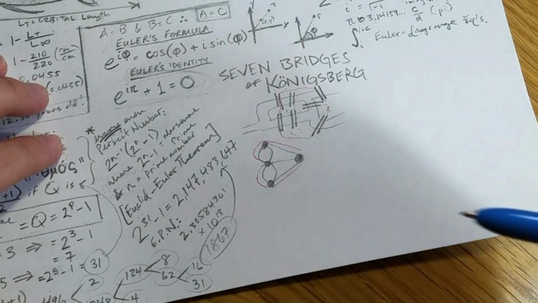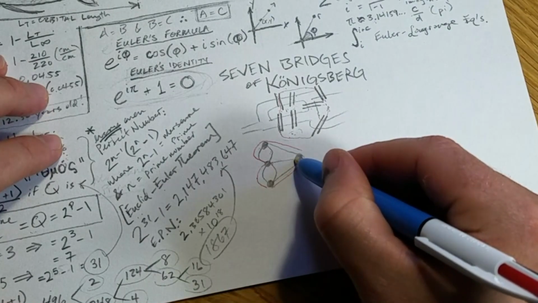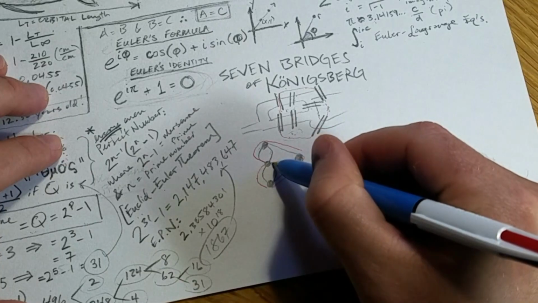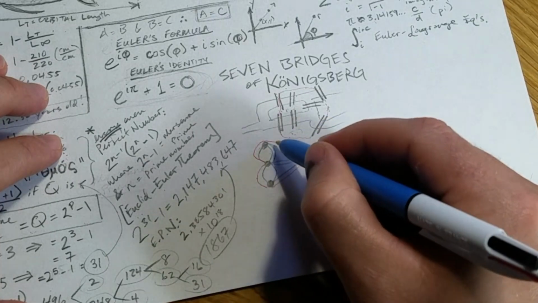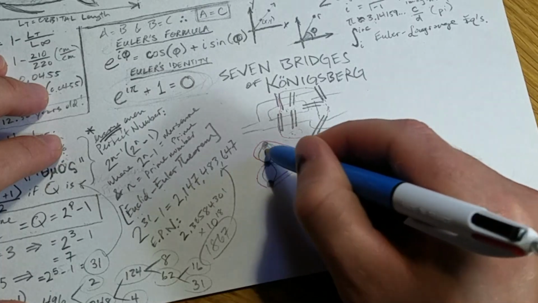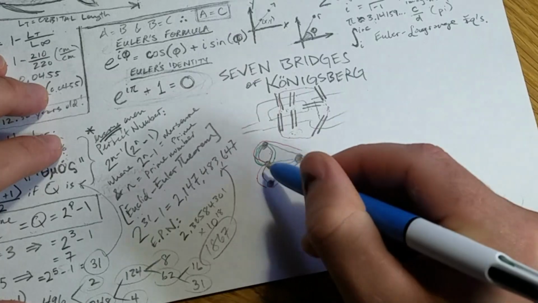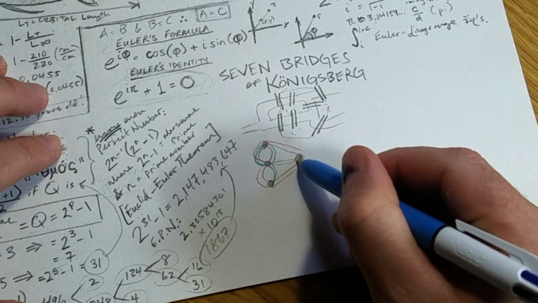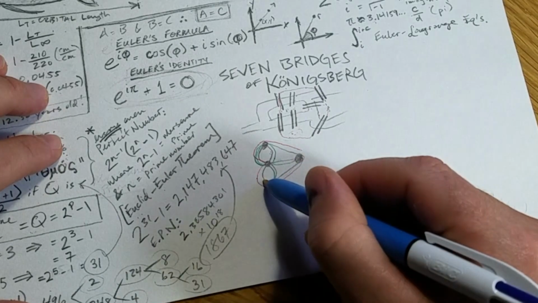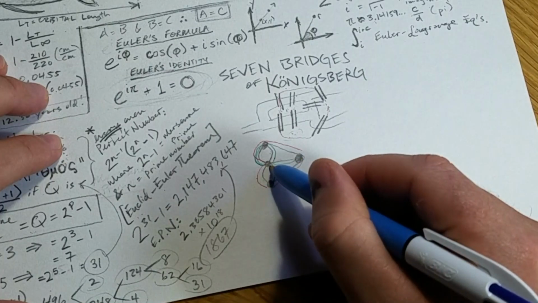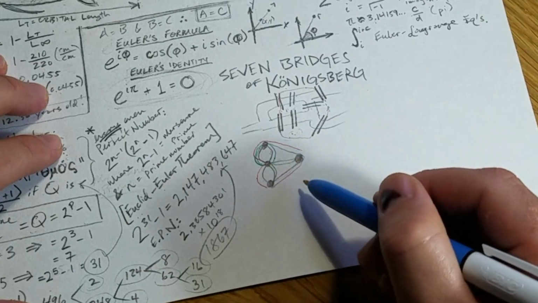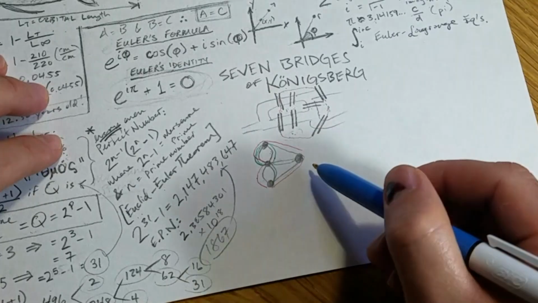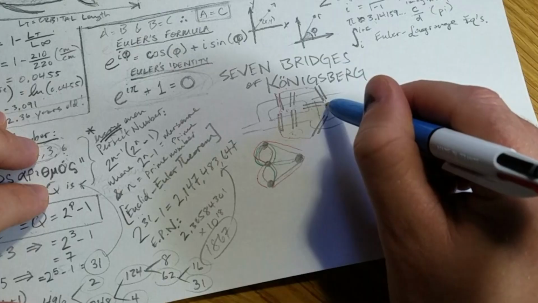So if I switch colors, we can try, let's see, 1, 2, 3, 4, and now I can either go here and return to my starting point, missing this bridge, or I go here, but from there I would have to double up on this one bridge to return to my starting point, and that would look like this.